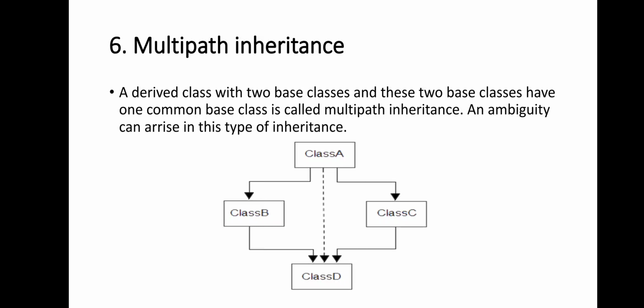Let us understand with an example. In this case, class D is derived class from two base classes, that are class B and class C, and all of them are derived from class A. So we can say class A is a base class which drives the class B, D and C.